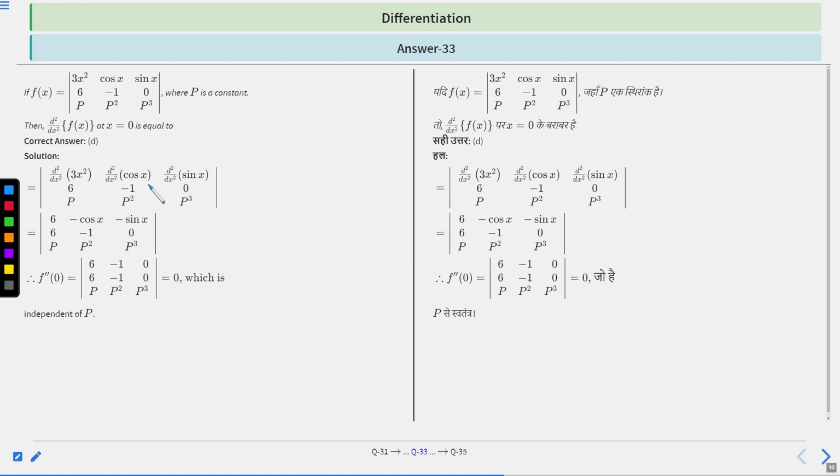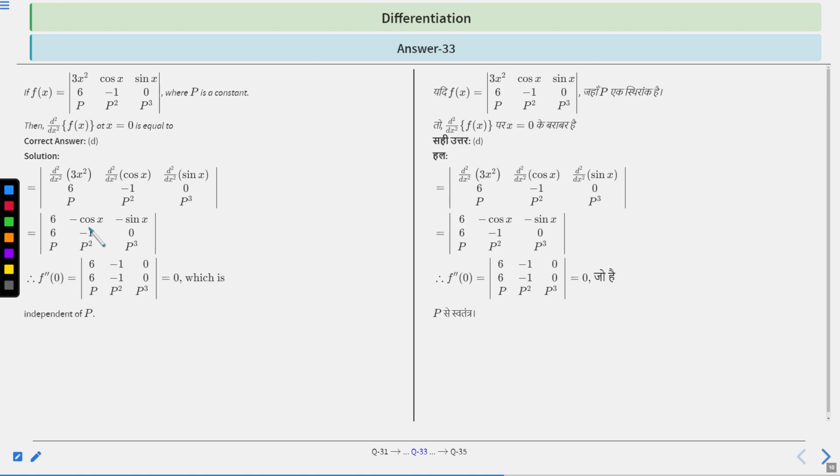The double derivative of cos x is minus cos x, because the differentiation of cos x is minus sin x, and the differentiation of minus sin x is minus cos x. The differentiation of sin x is cos x, and again differentiating cos x, we get minus sin x. So finally we have to find the determinant with rows 6, minus cos x, minus sin x; 6, minus 1, 0; p square, p cube.